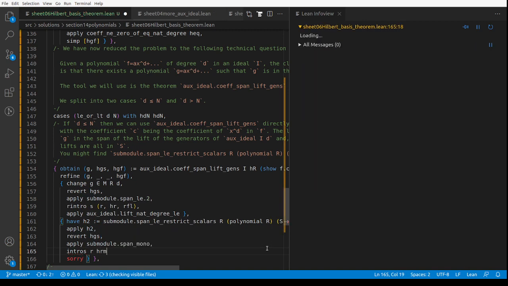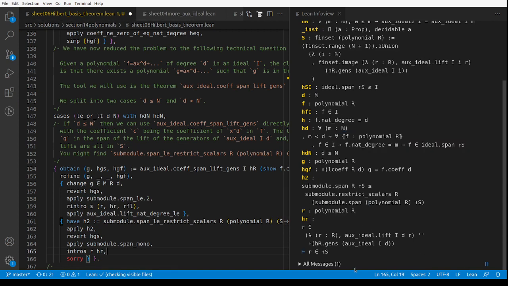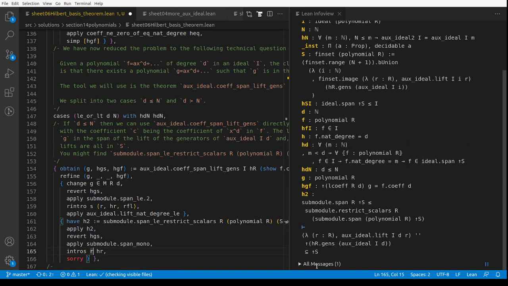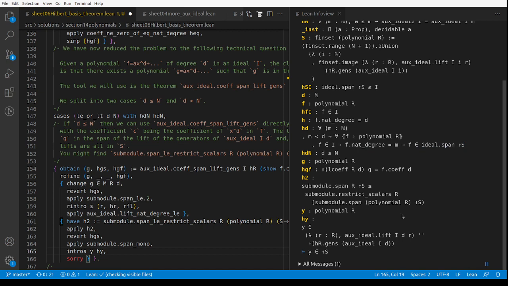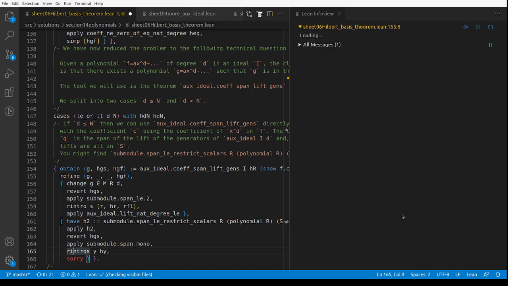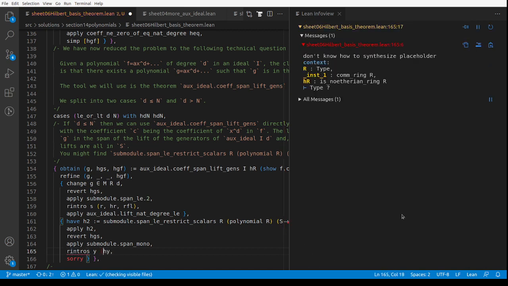Intros R H R. Oh, it's a polynomial, so maybe I should call it, I don't know, let's call it Y, HY. We were using Y for polynomials earlier. And now this can be rintros, and this could now be some other thing, RHR or something.